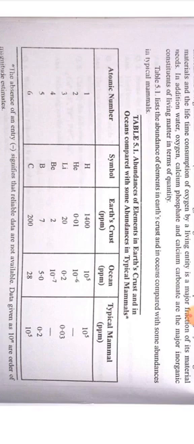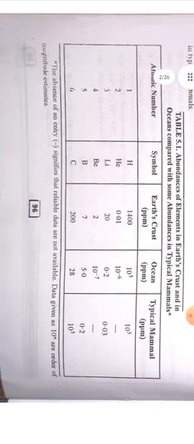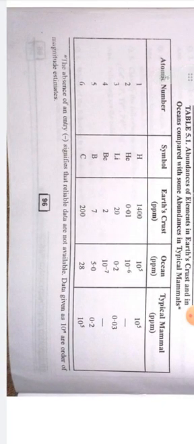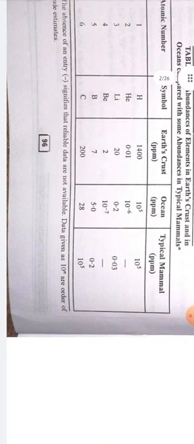Carbon: 200 ppm in the earth's crust, 28 ppm in the ocean, and 10 to the power 5 ppm in typical mammals. The absence of an entry, or a negative sign, means that reliable data are not available. Data given as 10 to the power n are order of magnitude estimates.